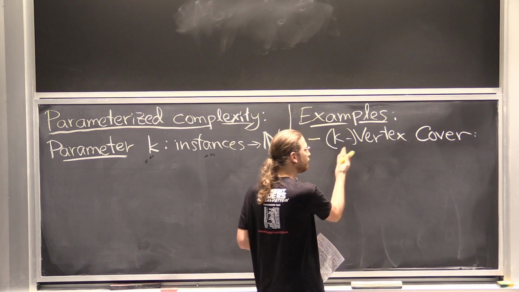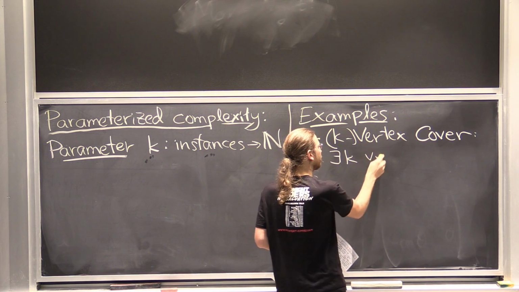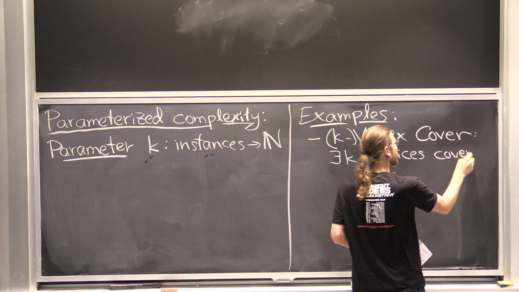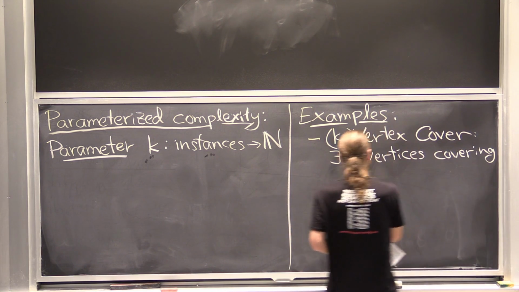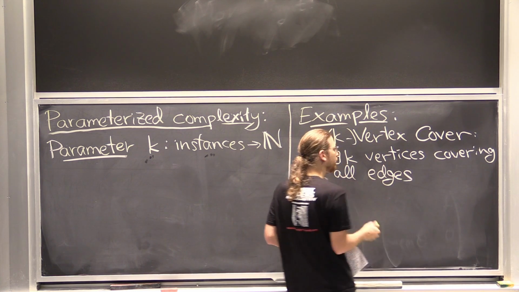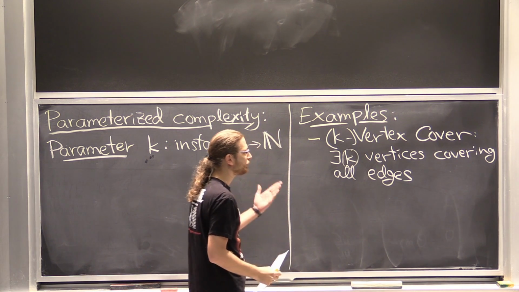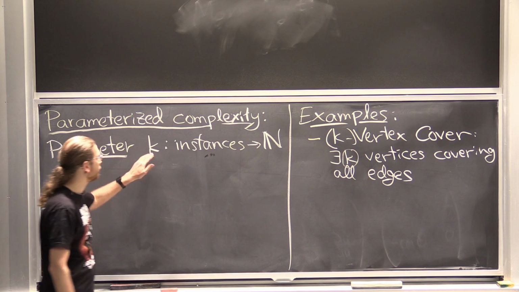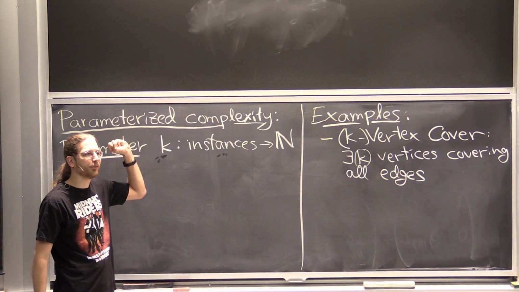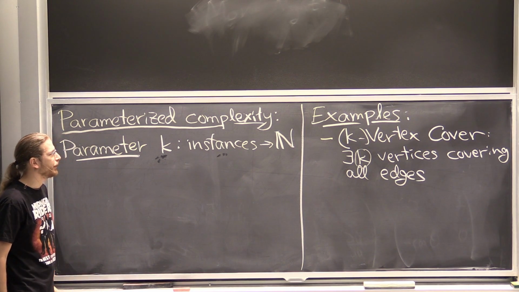And usually the decision version of that is, are there k vertices that cover all edges? So k is an input to this problem, and it appears in the statement of the problem. But in particular, it's an input. And so this function k of a vertex cover instance just pulls out that one number and throws away the graph. That's the typical parameter.